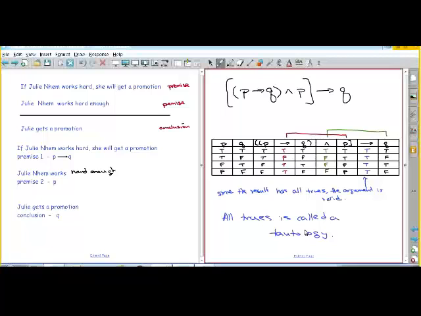Why does filling out a truth table and ending up with all truths make it work? I have not found a good explanation. I tried to do some research on why it is that when you get all truths, it is a valid argument, and I've not found anything satisfying. It works. It is a valid method for determining whether an argument is valid or not.